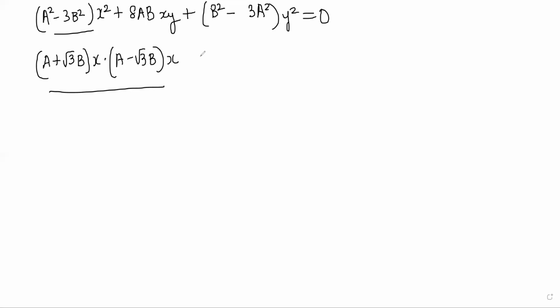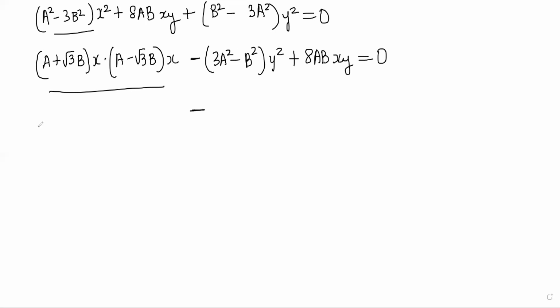Correct. Yeah. And we have minus 3a square minus b square y square plus 8ab xy is equal to 0.